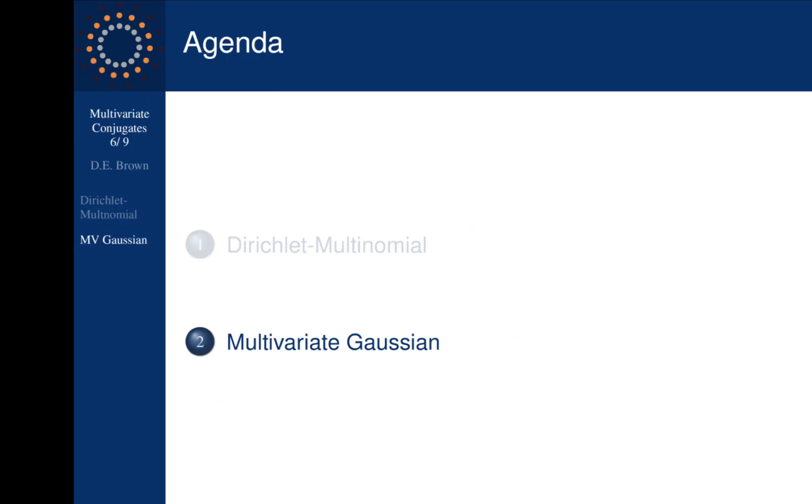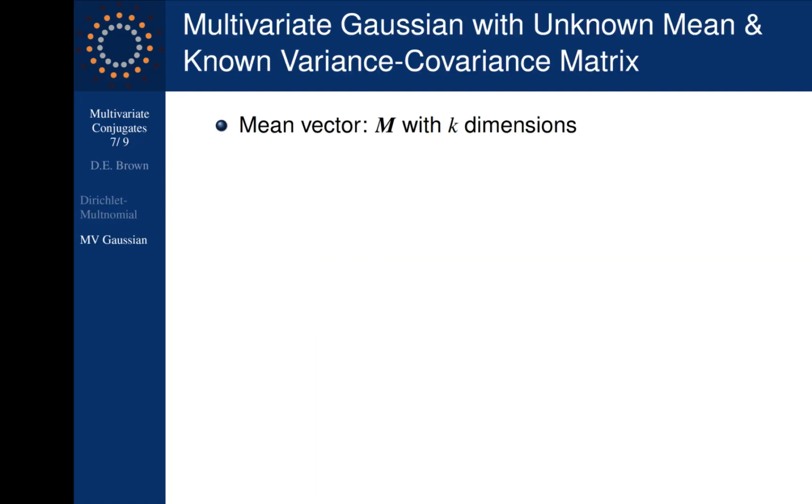Let's now look at the second case, again a straightforward extension of the univariate case, the multivariate Gaussian. So we'll start as we did in the univariate case with an unknown mean and a known variance-covariance matrix. In the univariate case, of course, we just had a variance, but for the multivariate Gaussian, we have a variance-covariance matrix.